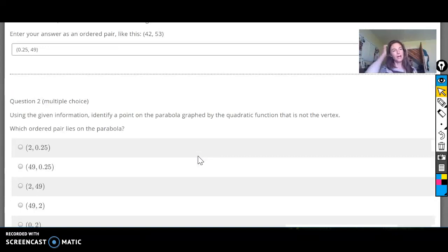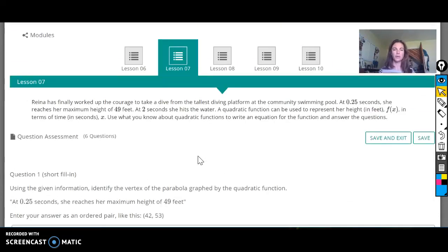All right, use the given information to identify a point on the parabola graphed by the quadratic function that is not the vertex. Okay, so another thing that we know is that at 2 seconds, she hits the water.